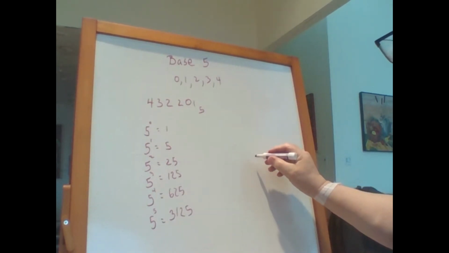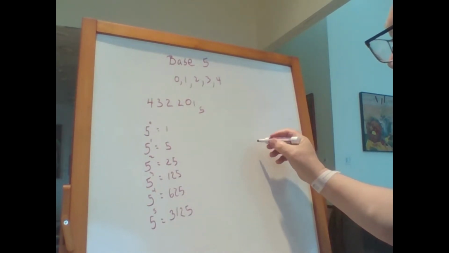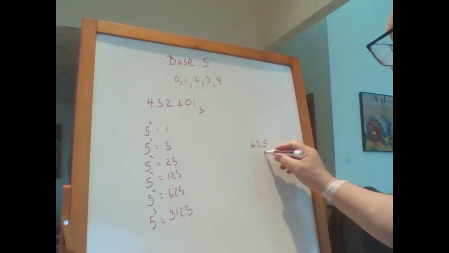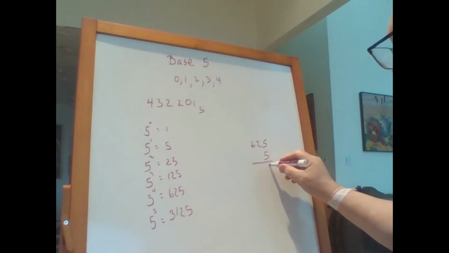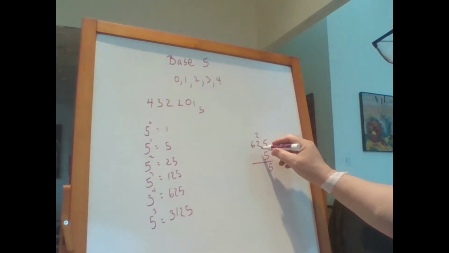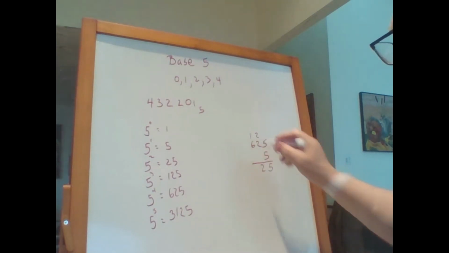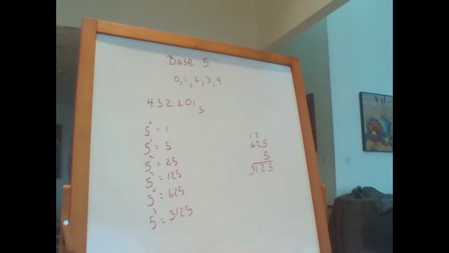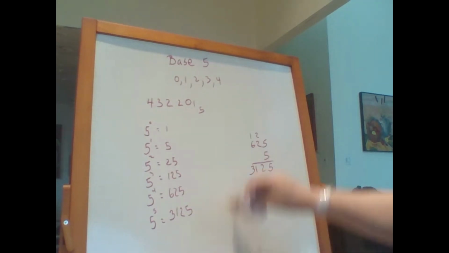We got 625, 25 times 5, that's 3125. Okay, so we've got that correct.